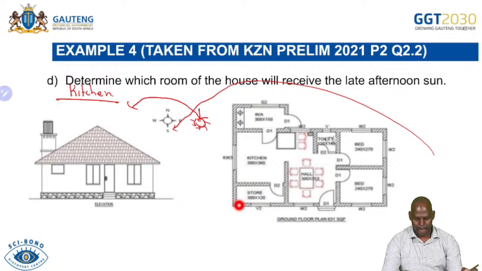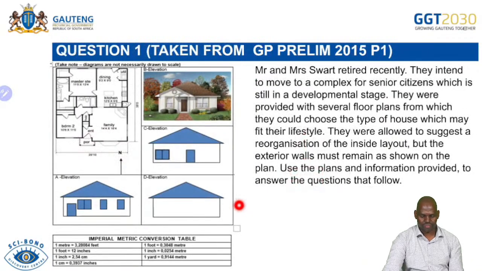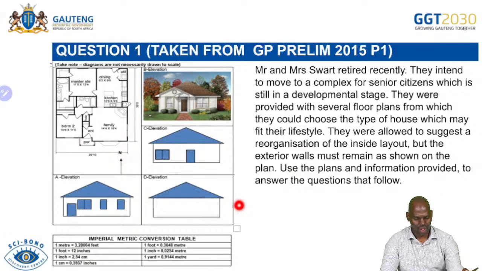Okay, then the next question. So it's question 1. This one was taken from Gauteng Province Prelim 2015, paper 1. Okay, there is the information that is given. Mr. and Mrs. Swart retired recently. They intend to move to a complex for senior citizens, which is still in a developmental stage.